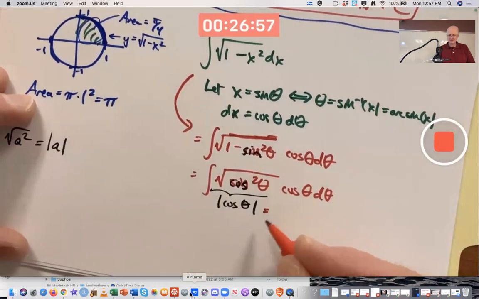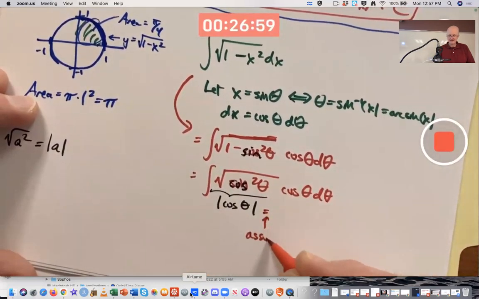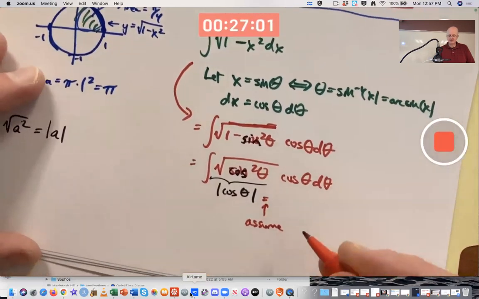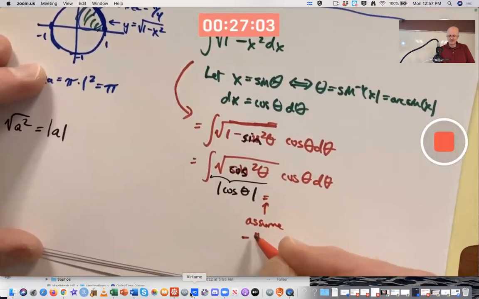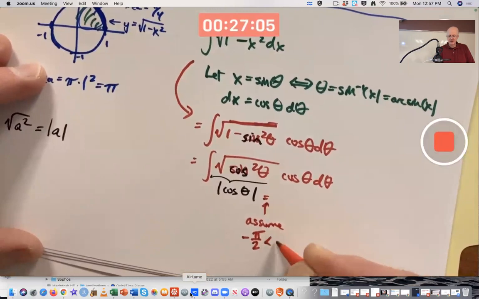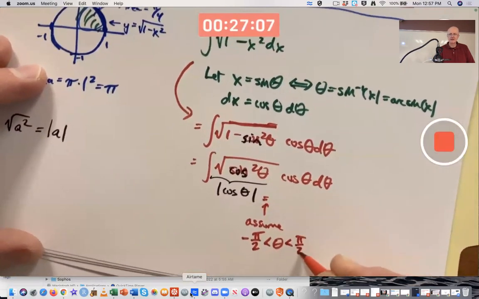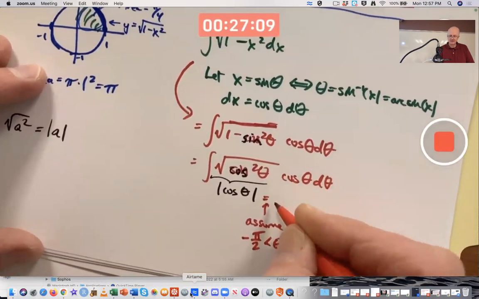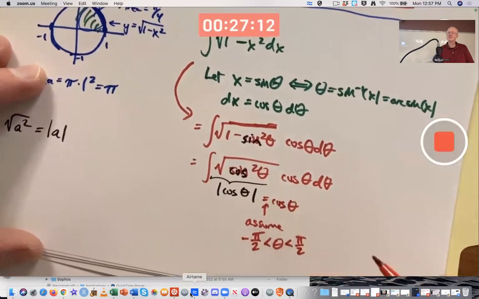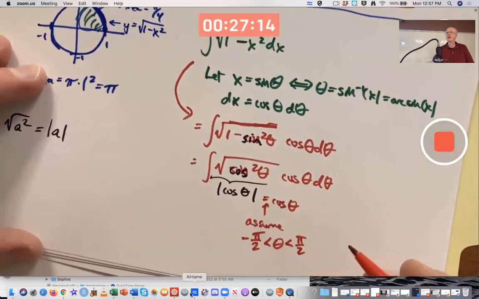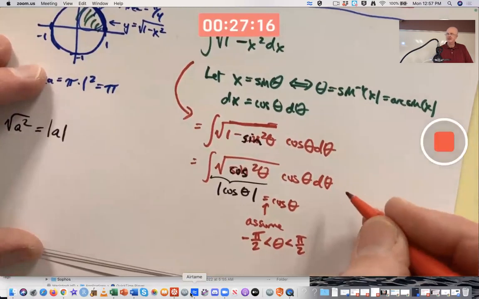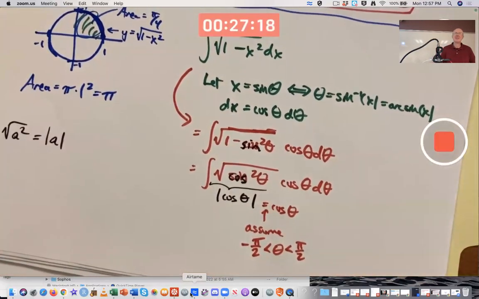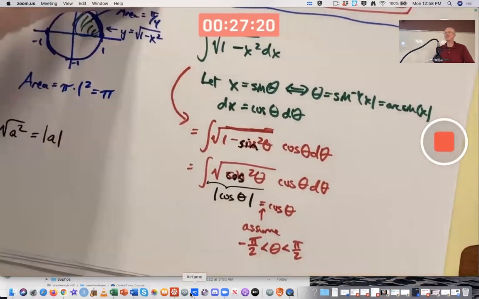Assume cosine theta is positive, which means theta itself can be taken to be between negative pi over 2 and positive pi over 2, which is negative 90 degrees and positive 90 degrees. So that this equals cosine. Is that okay? Well, it's kind of a situation where the ends justify the means.